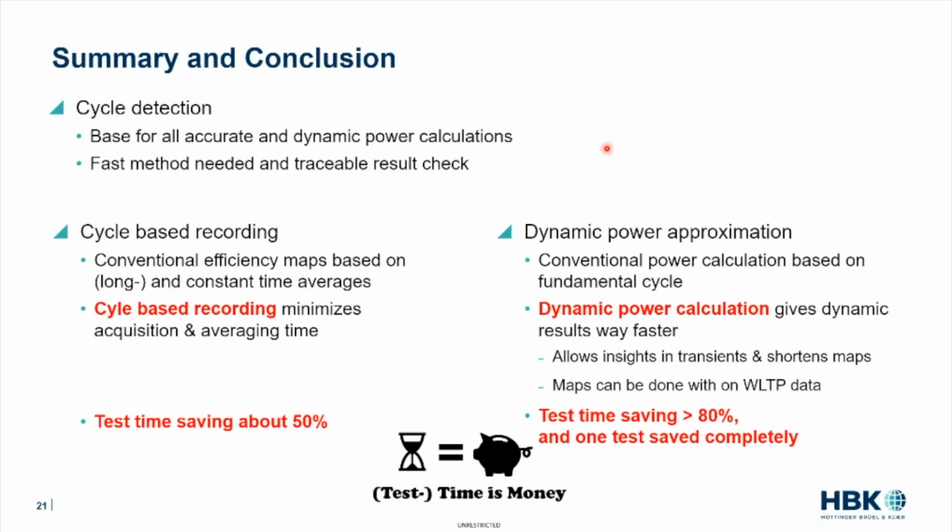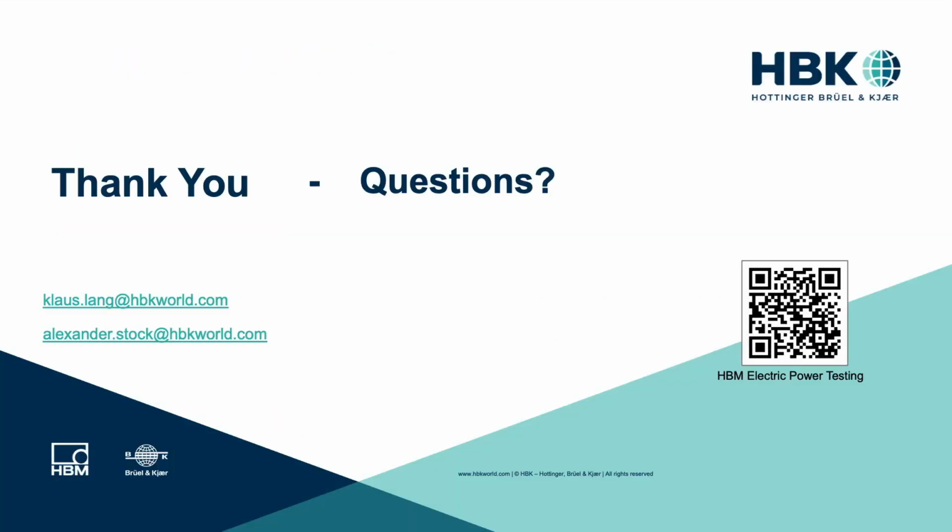And you can do that on WLTP data. So that's the second method where you can significantly save test time, down to a point where you can even eliminate tests completely and use existing data like from WLTP. Well, that's it.